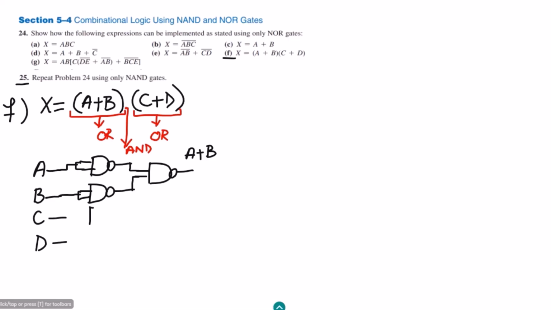Similarly, the same gates are drawn here, the first one and the second one.